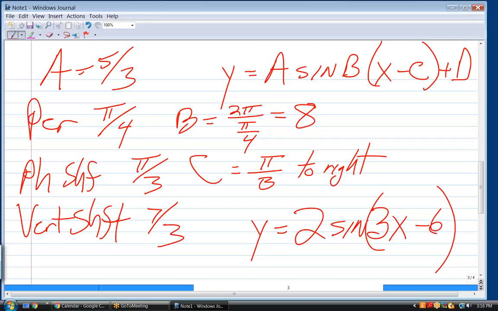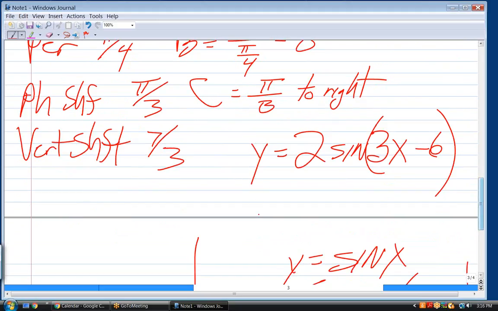Notice that my multiplier is inside the parentheses. So my phase shift here is not 6. I have to get this b outside the parentheses, meaning I have to factor it out. So I would change that into this.